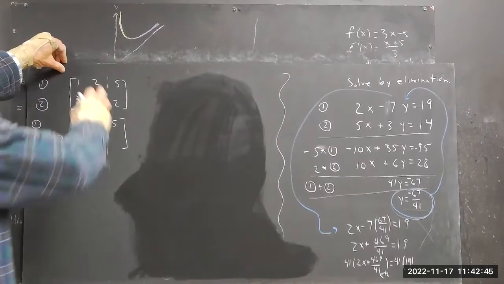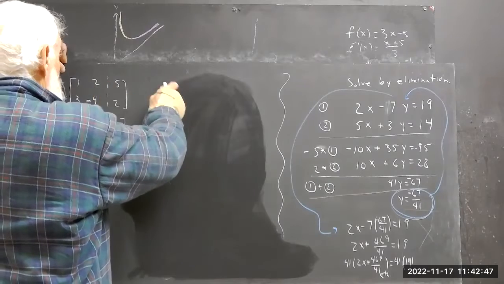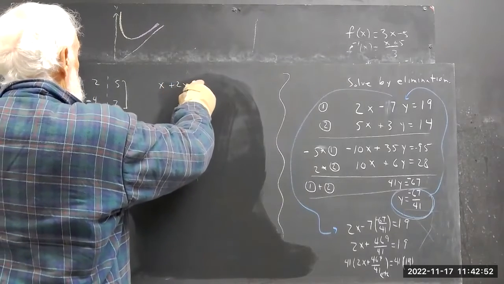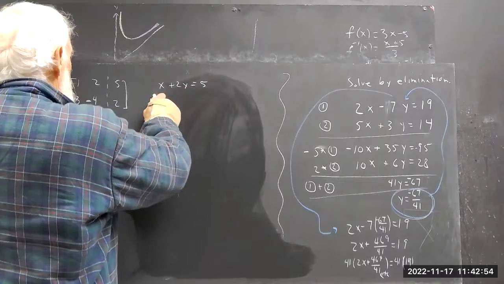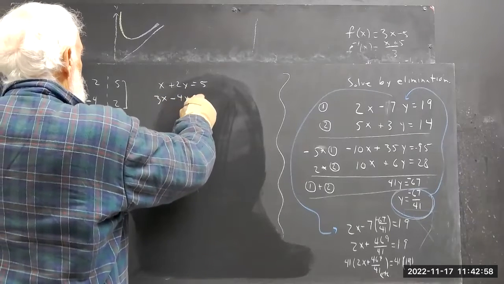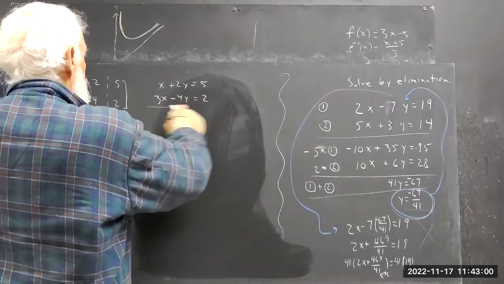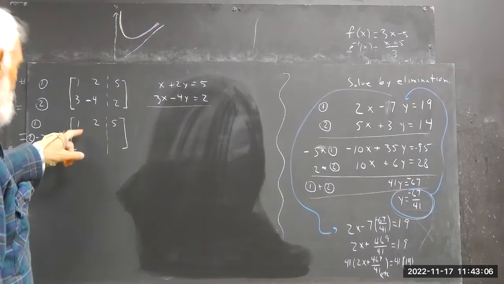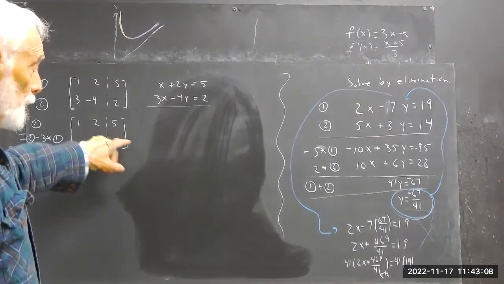So what this stands for, of course, is x plus 2y equals 5, 3x minus 4y equals 2. Now, this still stands for x plus 2y equals 5.